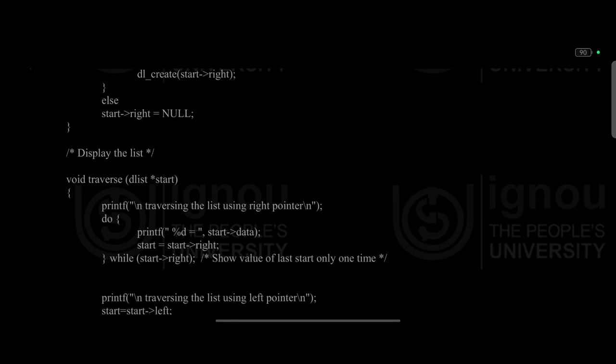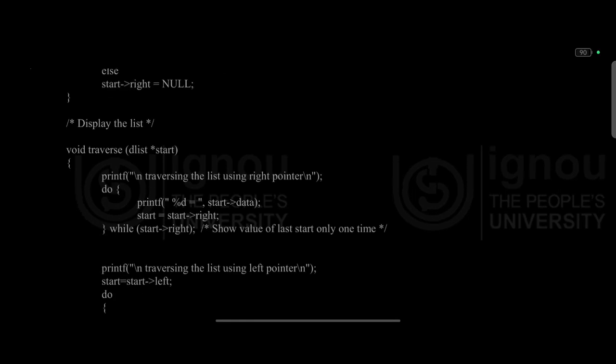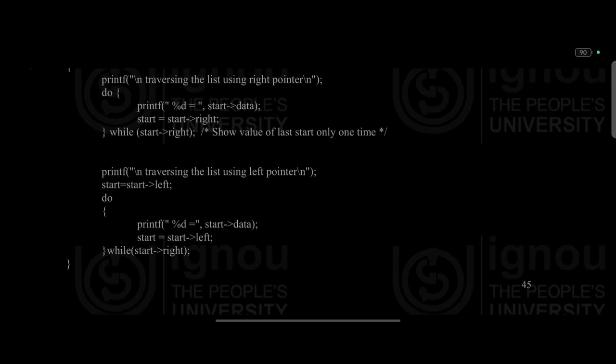Star start. Printf traversing the list using right pointer, backslash n. Do printf %d is equal to start->data. Start is equal to start->right, while start->right, shows the value of last start only one time.